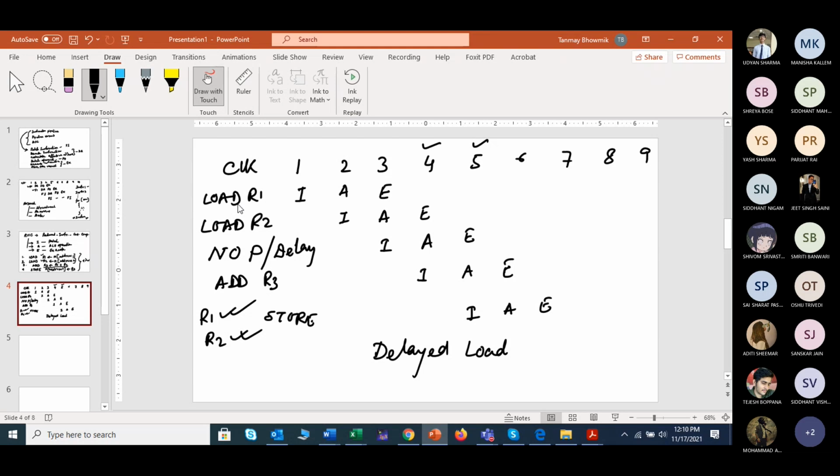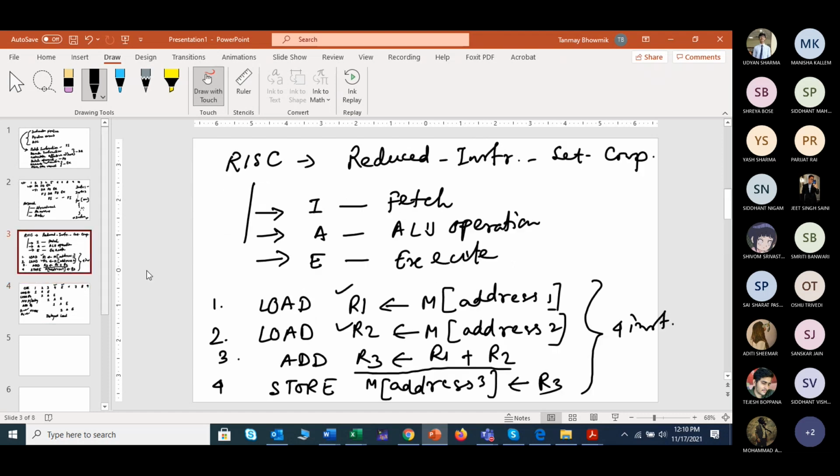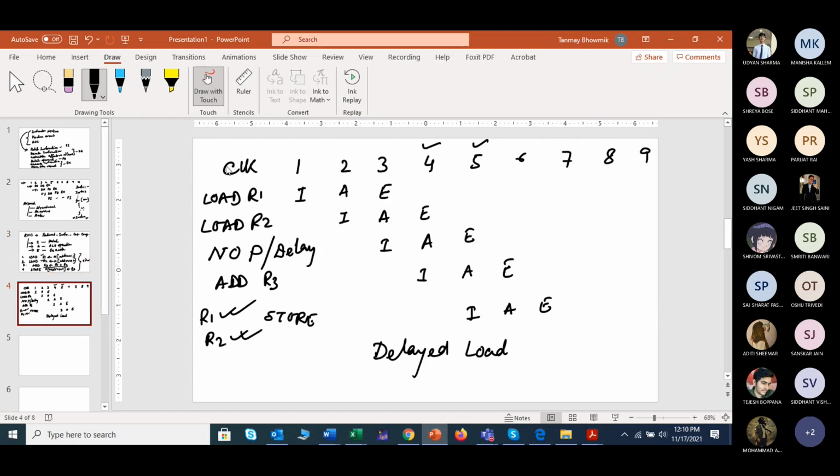Or we can give you something simple: a statement along with the clock pulses and execution, and no delay has been introduced. We have written all the steps back to back and we ask whether any delay is required, or where the delays should be required.